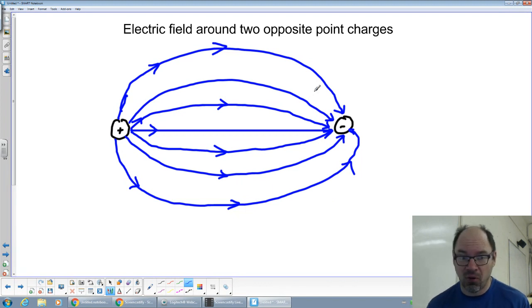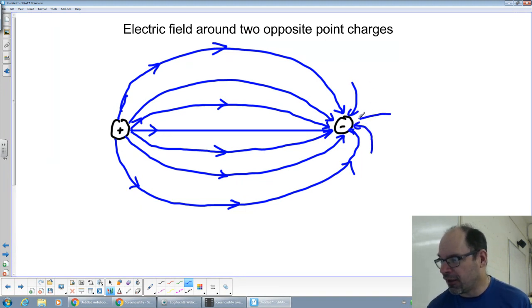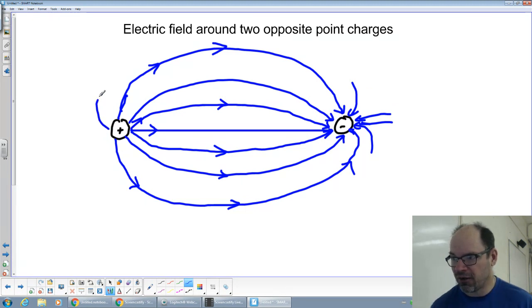And if you go way out, you'd have lines coming in like this one and this one. If it went way out like that, this one here would also have lines going out like this, if it kept going around like that.